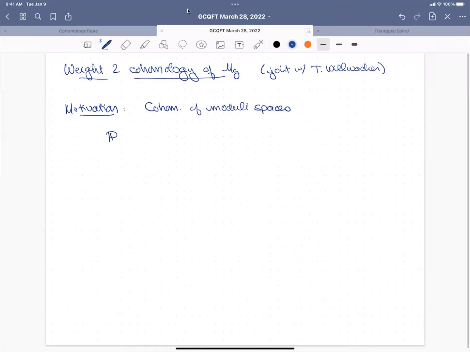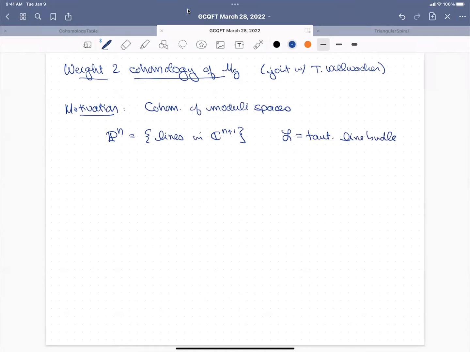And the first example you should think of is projective space, which is, say, lines through the origin in C^(n+1). And a family of lines is a line bundle. And so on P^n, there's a tautological line bundle.